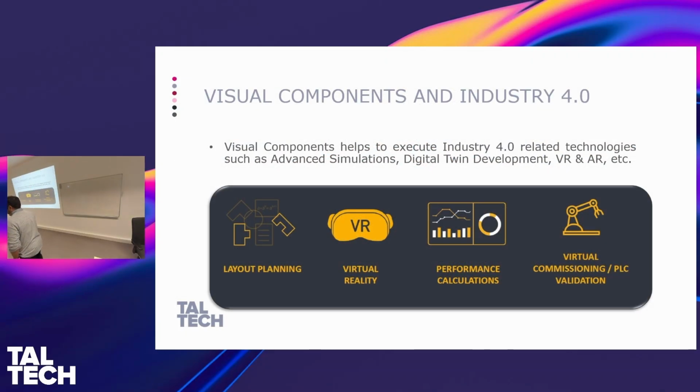Then let's move to the visual components again, what it is and how it's connected with Industry 4.0. As I think in the previous lectures, Vladimir covered something about Industry 4.0, even 5.0, but Industry 4.0 has these technological pillars, so how do the visual components address those pillars?